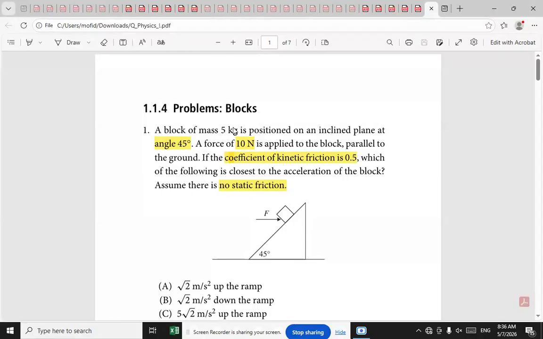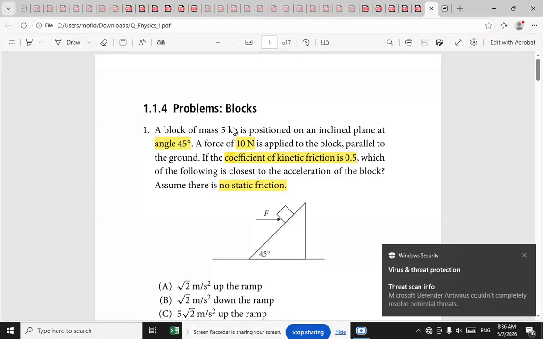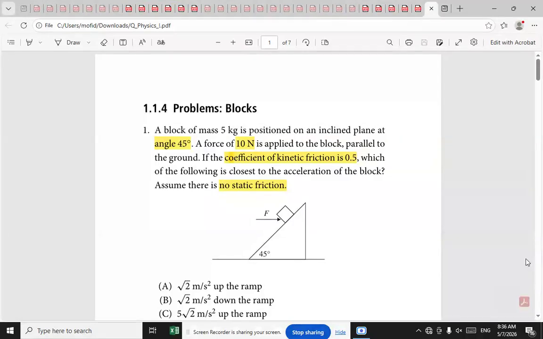Here you have to know about Newton's third law, that each action has a reaction equal to the action, but at the opposite side.